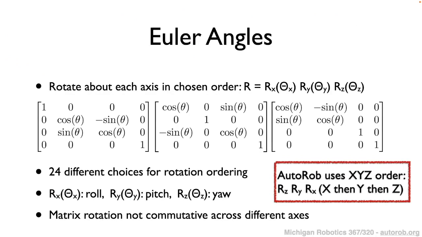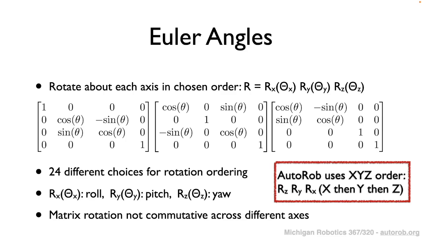One brief tangent is I just want to mention the order. We're going to be working with Euler angles in this class, which is just a way of representing rotation matrices with respect to each individual axis component. One thing I want to mention is that there are different ways in which you could choose to order the rotations about the different axes, and the order you choose will affect the actual resulting rotation.